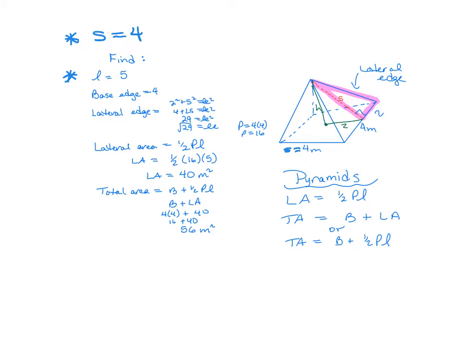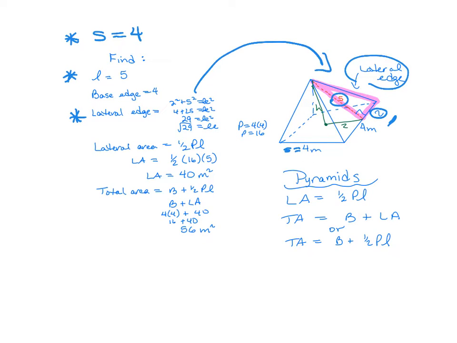In order to find a lateral edge, and this is what you're going to need later on, and you're also going to need the height, you would turn that into a right triangle and do the Pythagorean theorem. To find a lateral edge, you're going to do 2 squared plus 5 squared, and once you square it and add it, that would give you the length of this lateral edge.